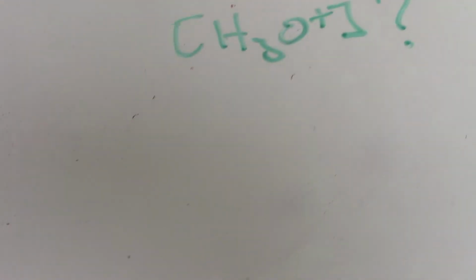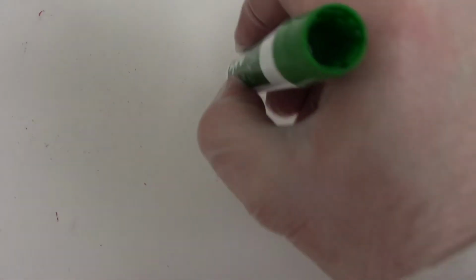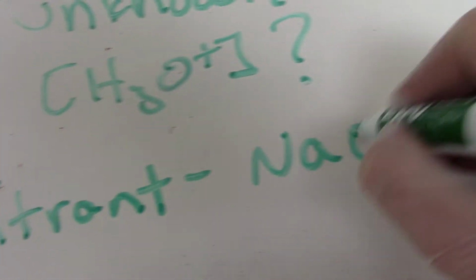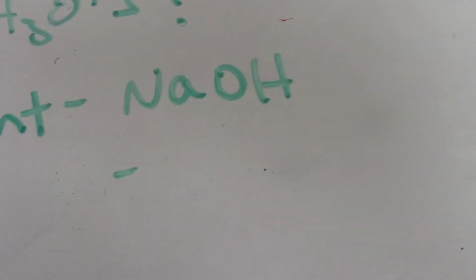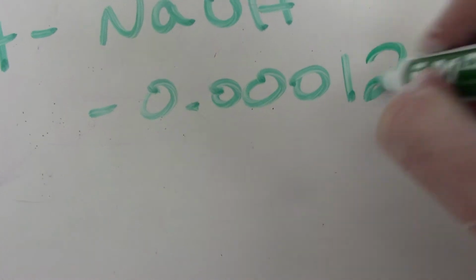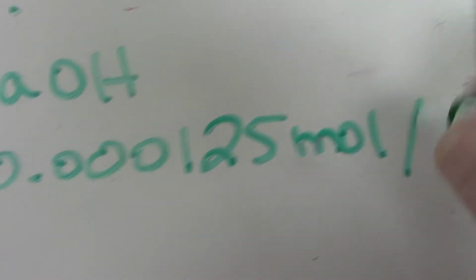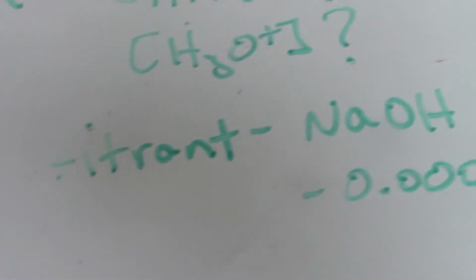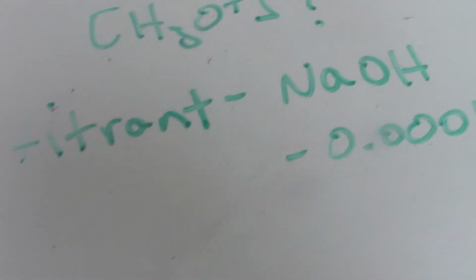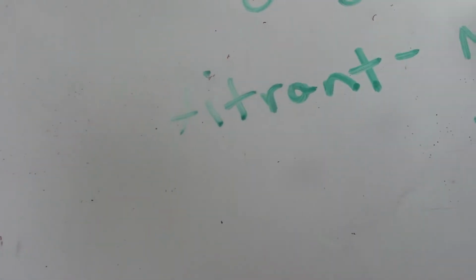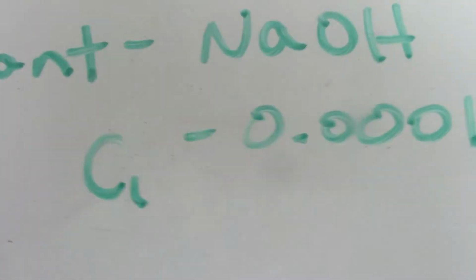Okay, so the titrant, which is the NaOH, has a concentration from the textbook of 0.000125 moles per liter. And the volume, right, so that's the concentration.